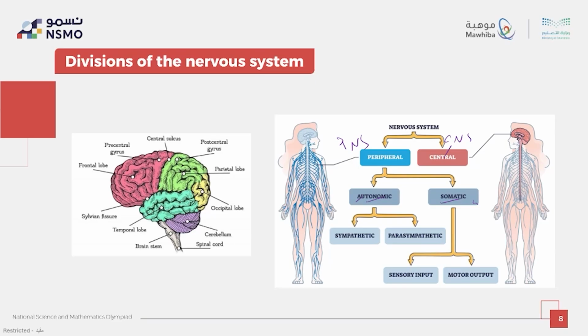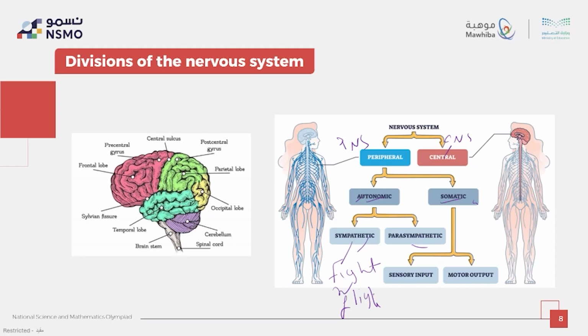And we see autonomic is divided into two: sympathetic and parasympathetic. The sympathetic activates the body under stress, increasing heart rate and dilating pupils. That we call fight or flight, because it's for emergencies.